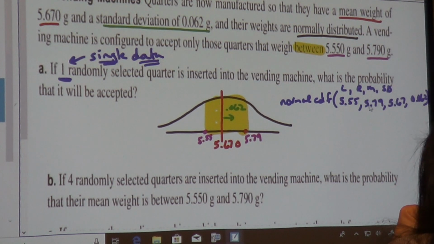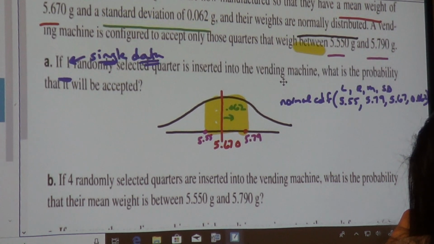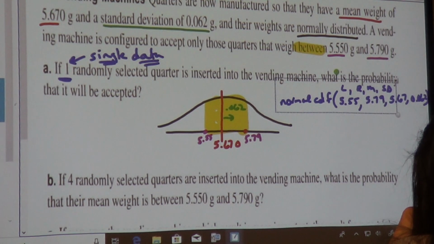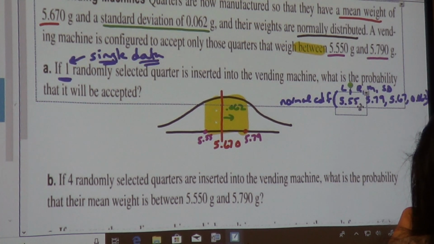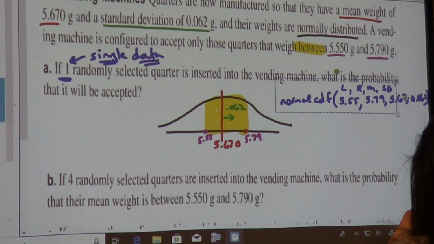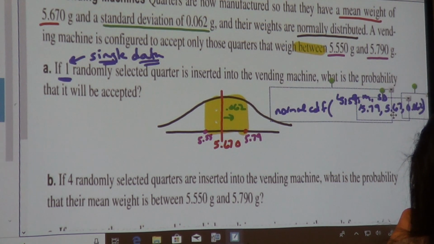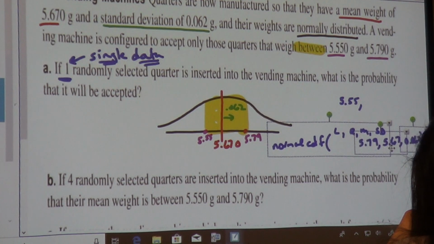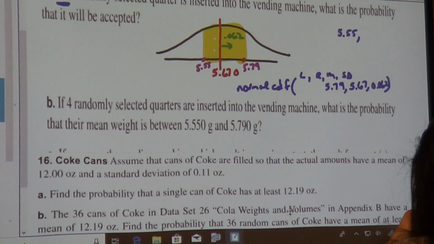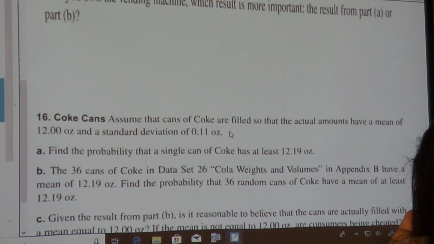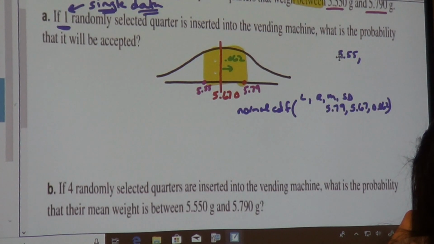I'll move it over so I won't be on the edge. Just gonna move it down and over. So I'm gonna go to my calculator.